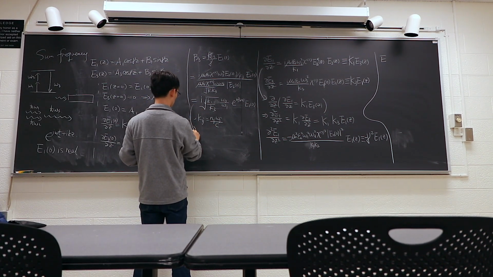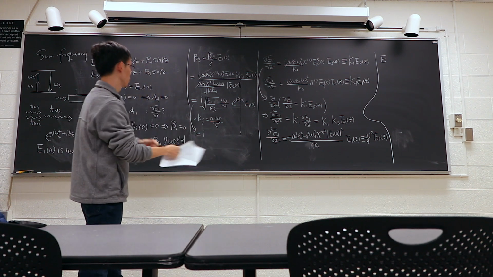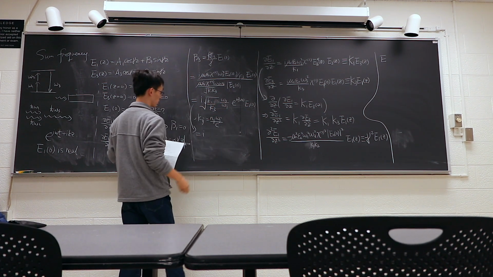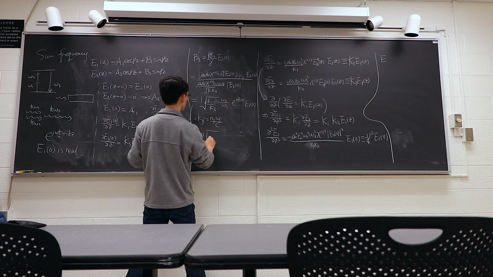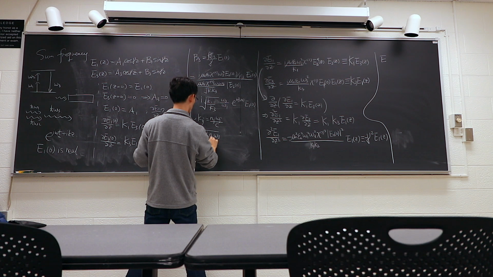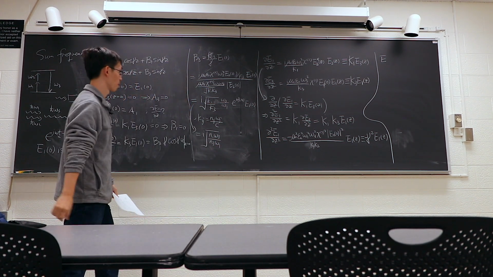So this one goes to i, and you have omega i here, kind of cancel that one, so it becomes n1 omega 3 and n3 omega 1.